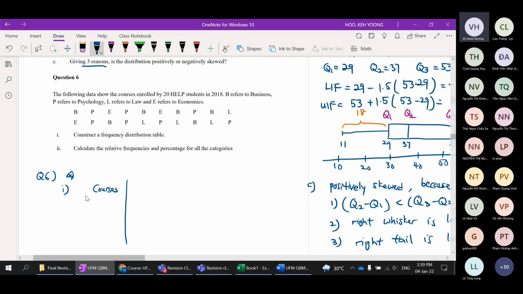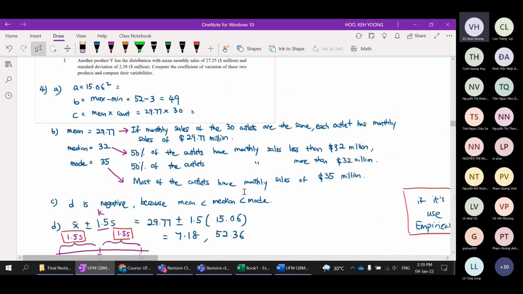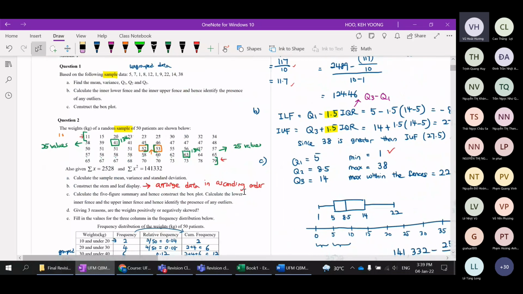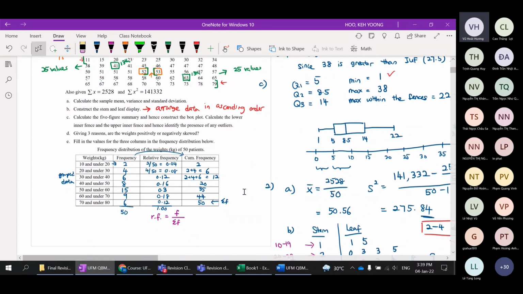If it's numerical data, you will do it like question 2 just now. Okay, question 2E. Frequency distribution table for numerical data, you have something like this, for the first 2 columns only.